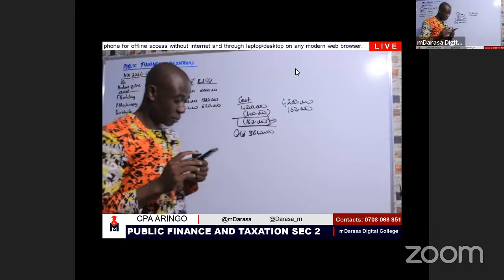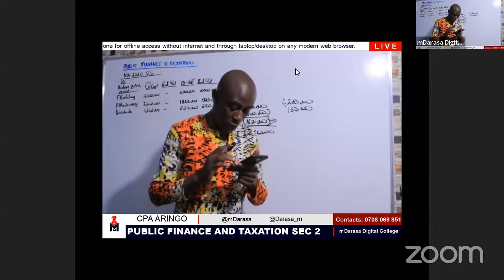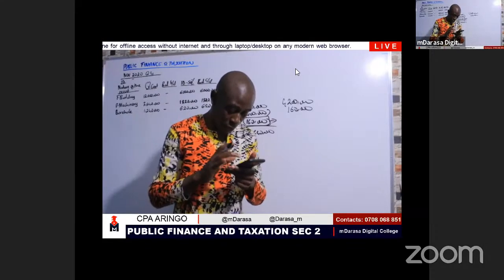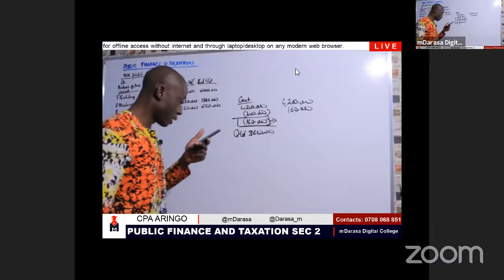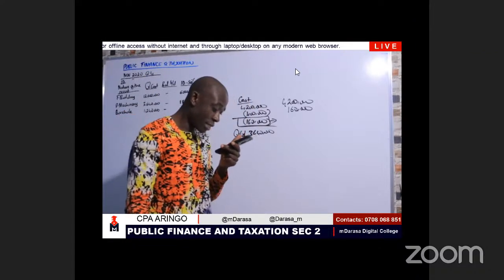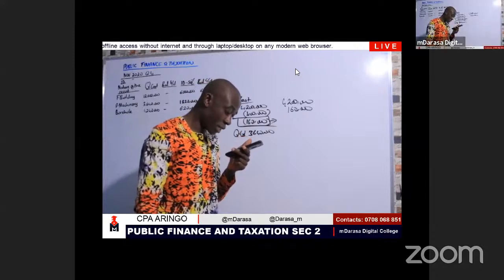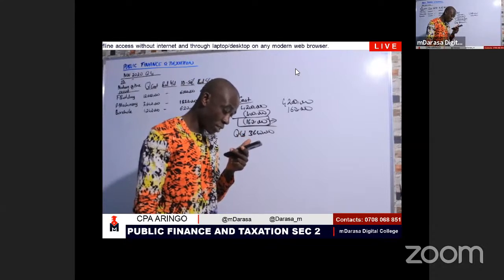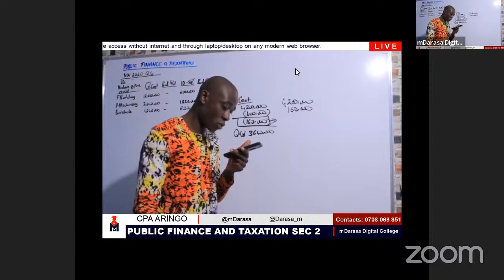Correct? After we have seen that, we are told in note number 4, that is the saloon car. Note number 5, the company constructed a canopy at the entrance of the factory building at a cost of 570, which was completed and utilized from 1st November 2019.